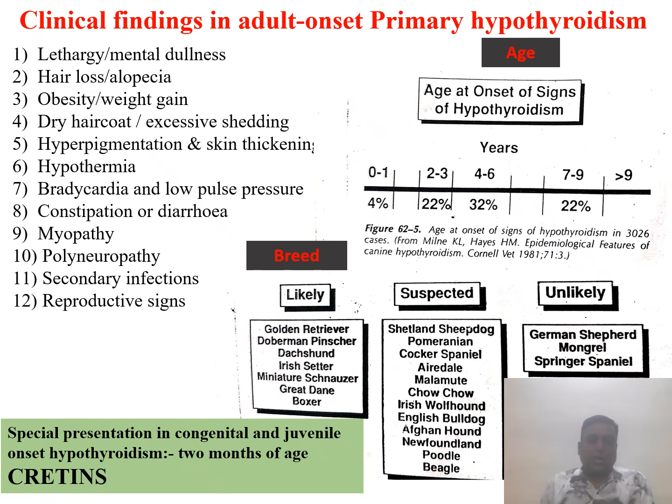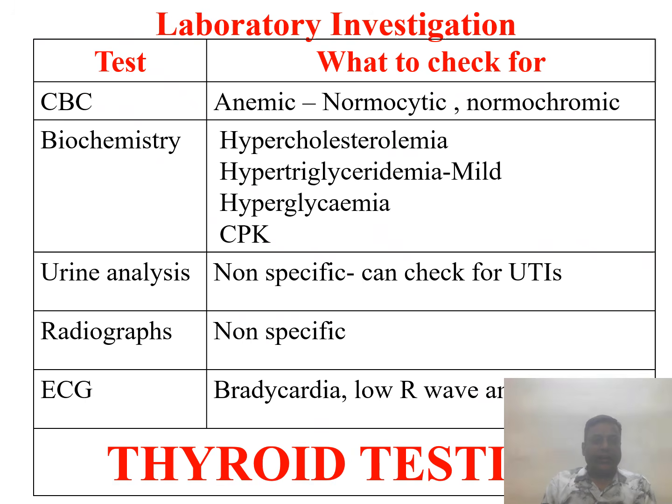But predominantly in our veterinary clinical practice, when a patient is reported at the primary clinic, lethargy, hair loss, and obesity are the predominant clinical findings we get. Obesity, together with hair loss or alopecia or skin issues, is maximally reported by pet owners when they come to the veterinary clinics.